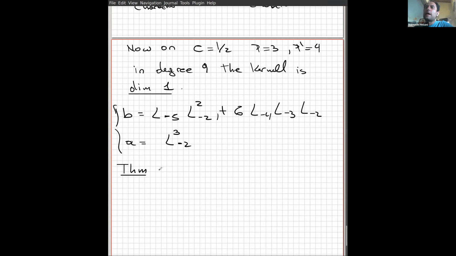The associated graded to Virasoro at central charge 1/2, this is the Ising model, the even part of the free fermions, is isomorphic to an infinite polynomial algebra divided by these two guys and all of their derivatives.